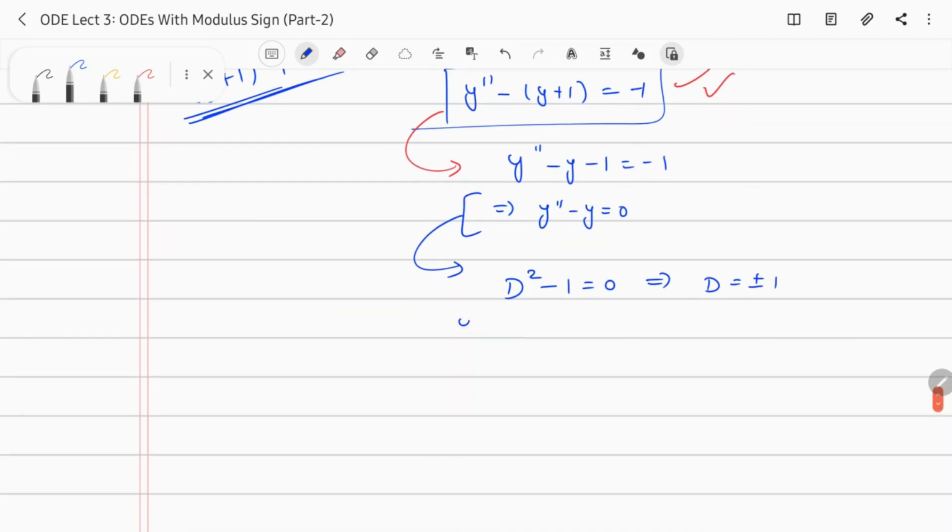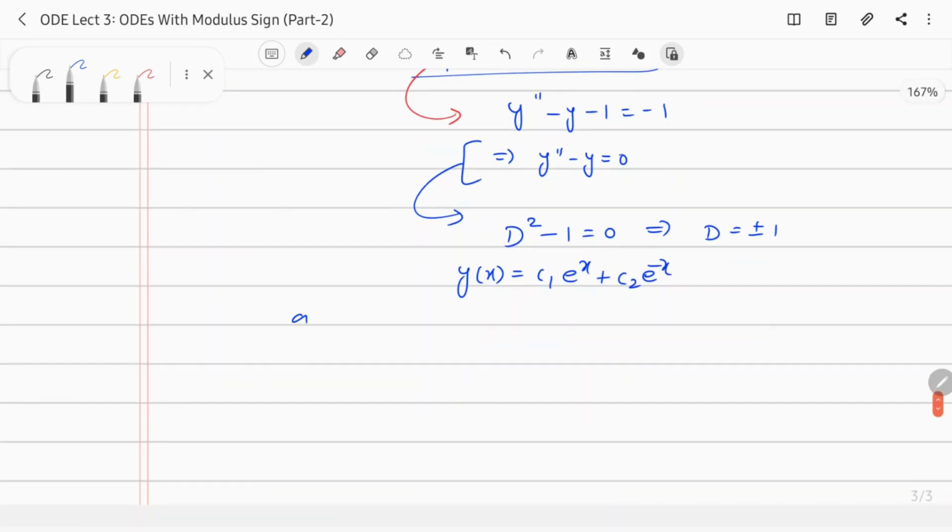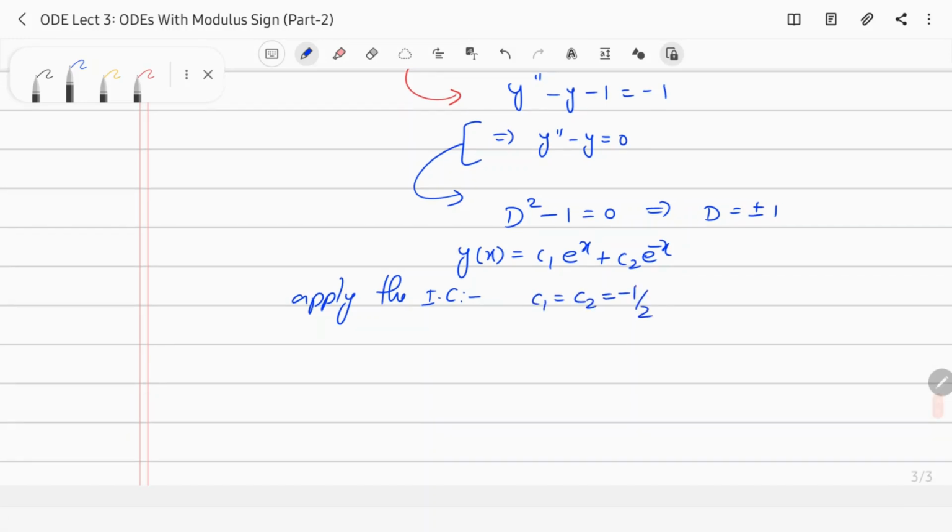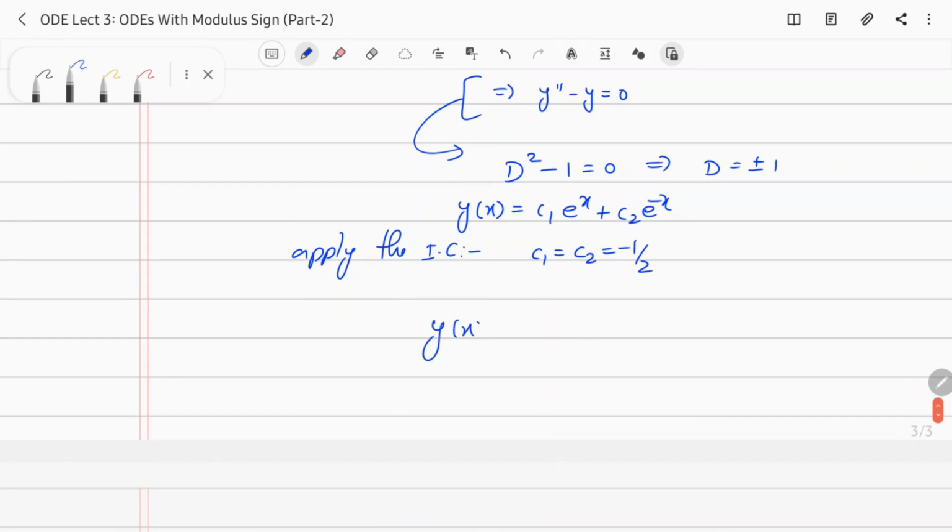So our solution will be y(x) = c1 e^x + c2 e^(-x), and then applying the initial conditions, we have c1 = c2 = -1/2, and our final solution will be y = -1/2 (e^x + e^(-x)). So this is our final solution.